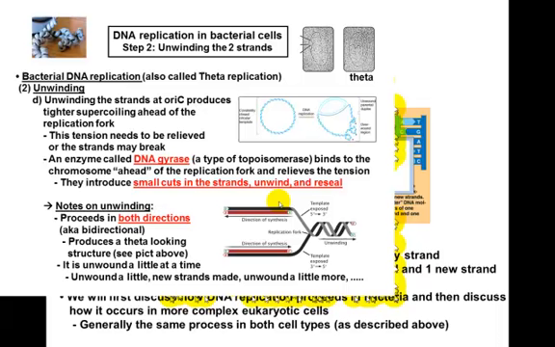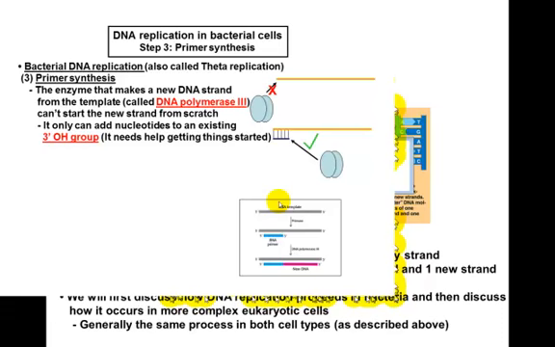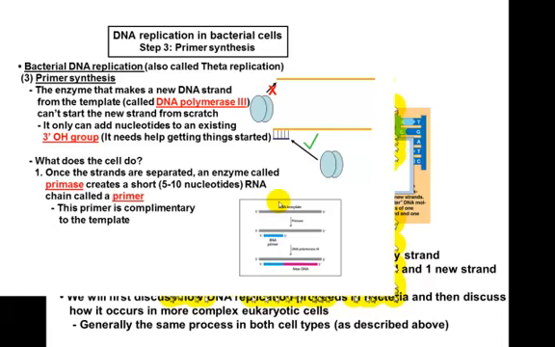So now the cell has to have a very ingenious method of solving that problem. But before we get to the problem, we have to remember that the polymerase cannot synthesize DNA out of nowhere. In order to start synthesizing here at the replication fork, it needs a free 3' OH.